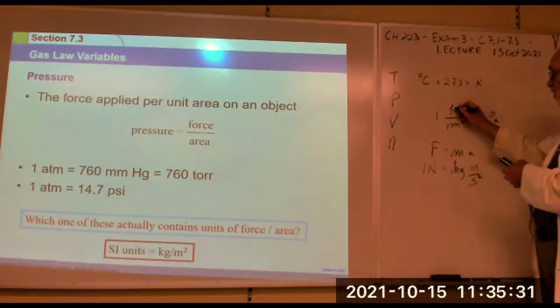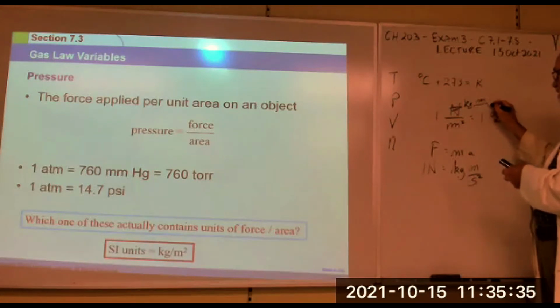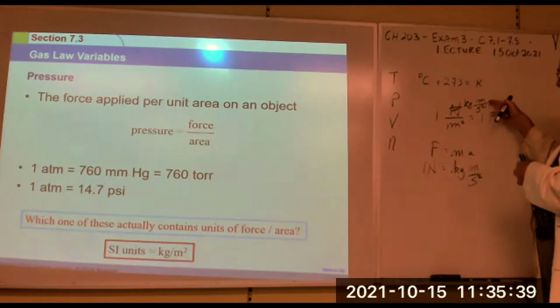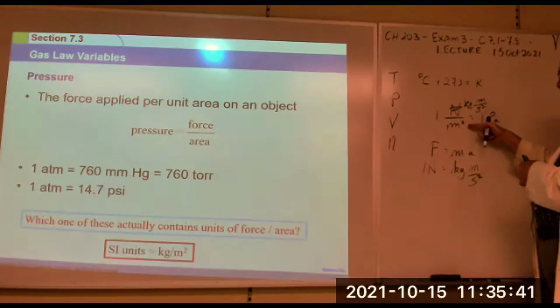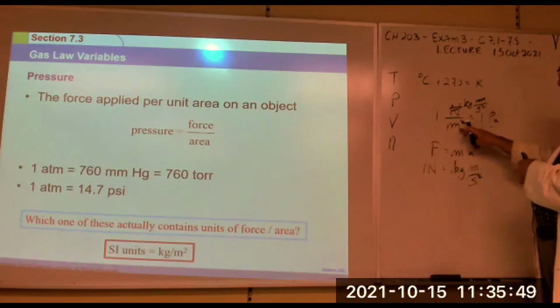So we could substitute in here kilogram meters per second squared. And then this meter is in the numerator, that was in the denominator, so that one cancels. One of those cancels, and this one's gone. So it's like a kilogram per meter second squared.